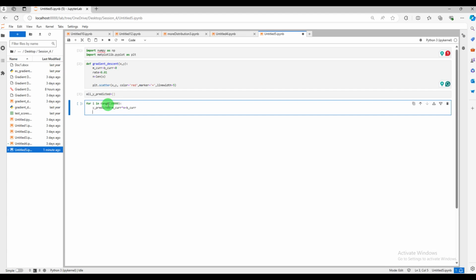Okay, and then calculate the mean square error between the actual y value and the predicted y value, and MSE equal 1/n multiply sum y minus y predicted.